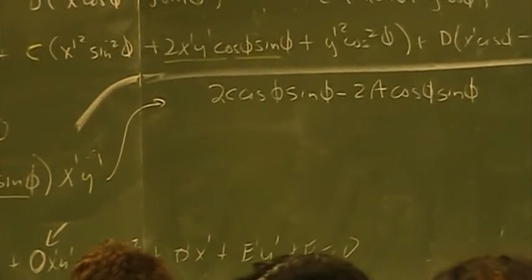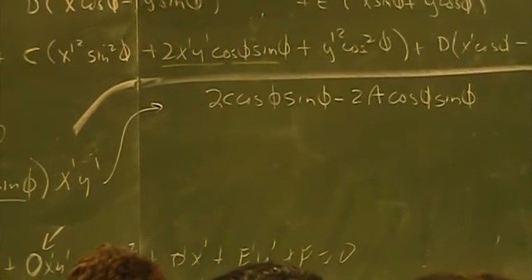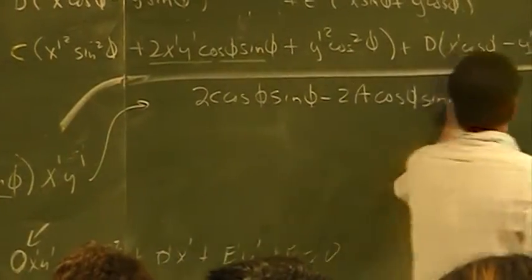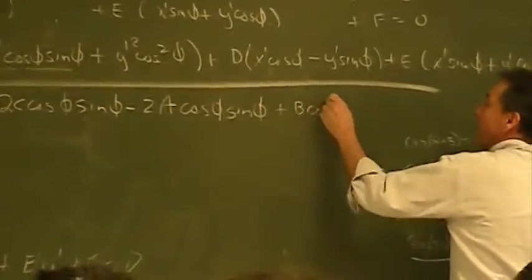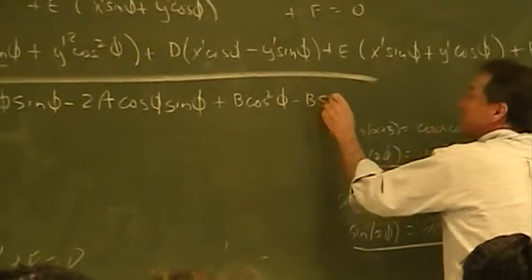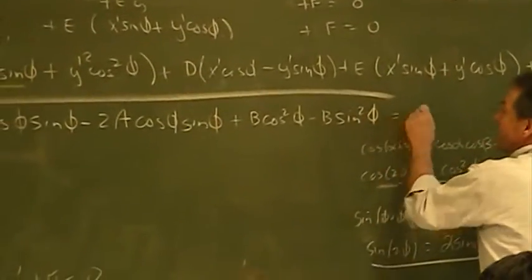Is that these two? Is that those two? Cosine squared minus sine squared, plus b times cosine squared minus b times sine squared equals 0.